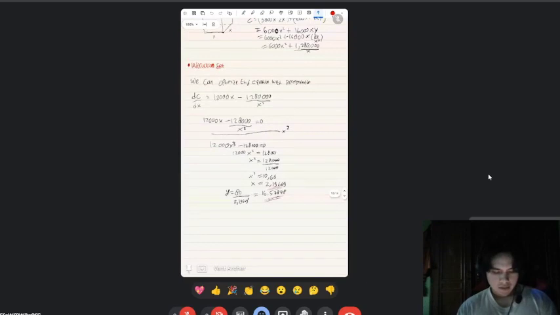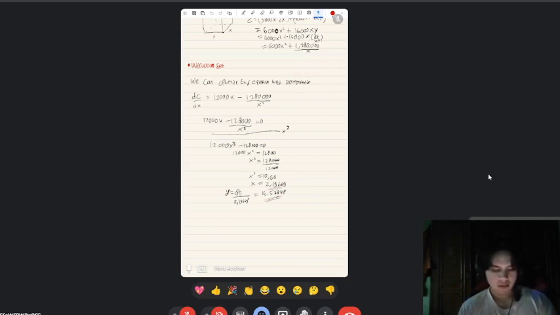So we can differentiate this equation, which is dC/dx = 6,000x. We can move that, and we'll get 12,000x minus, since we can change this from 1,280,000 per x, which is basically 1,280,000 x^-1.